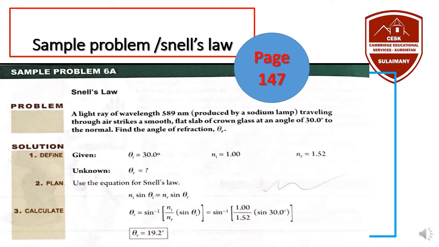If we read this sample problem, Snell's law, a light ray of wavelength 589 nanometer produced by sodium lamp. So all this sentence, this is data. We don't need this data. We don't need wavelength.